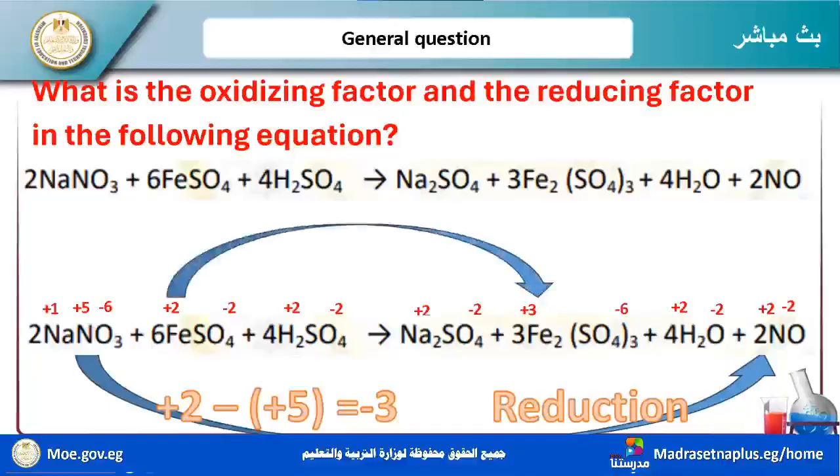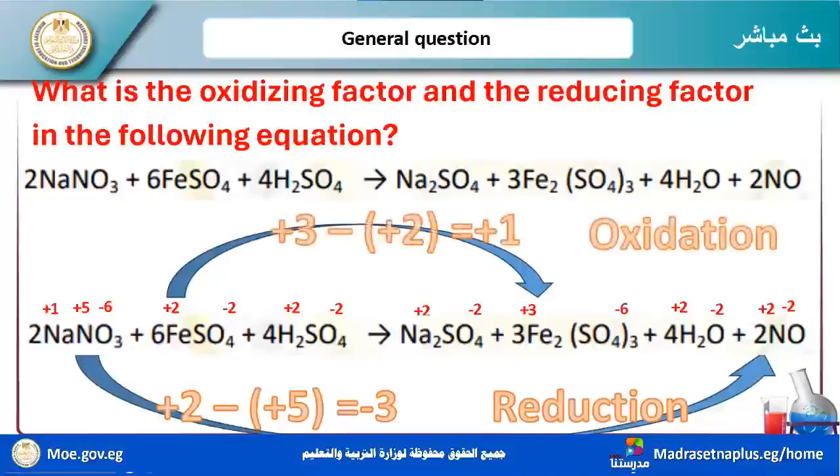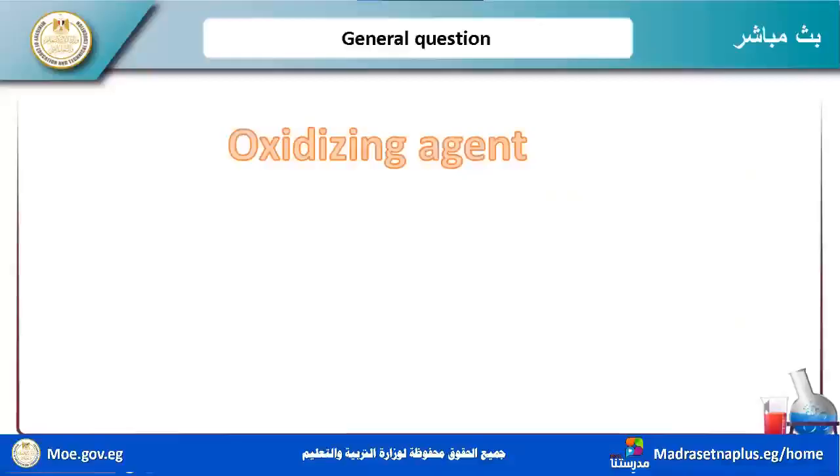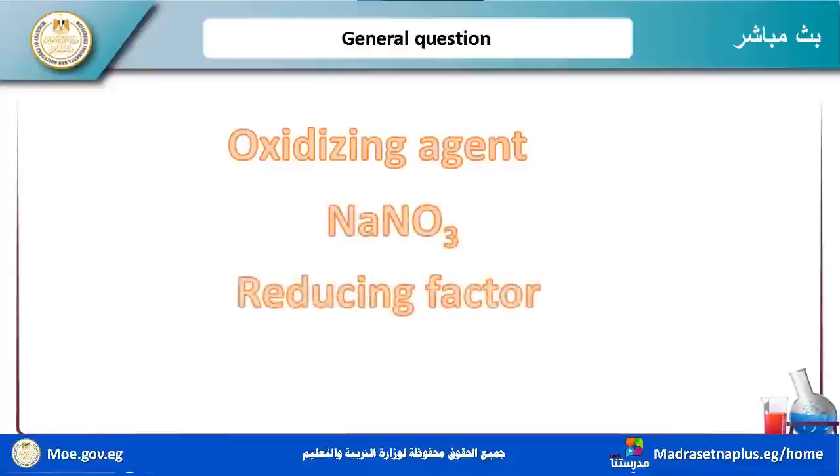We have FeSO4 converted from +2 into +3. Now, +3 means oxidation occurs in this equation. Now we can know the oxidizing agent and reducing agent from this equation. Generally, in this oxidation, the oxidizing agent is NaNO3 and the reducing agent is FeSO4.